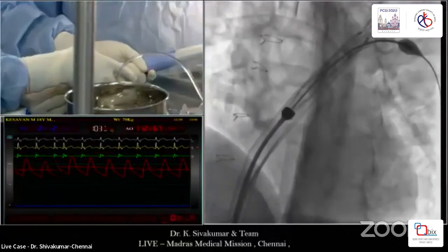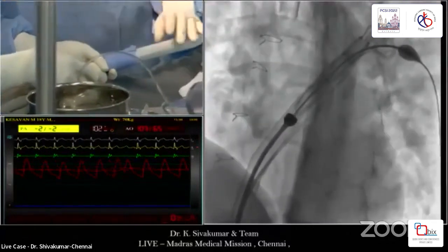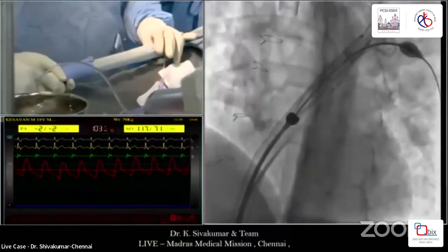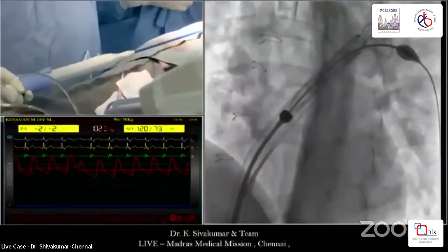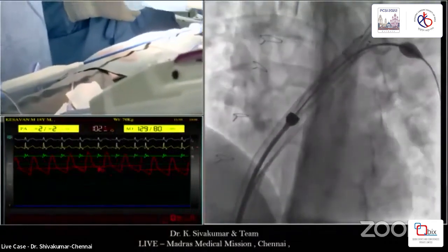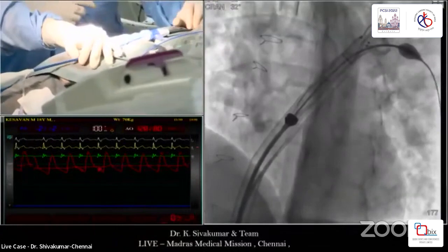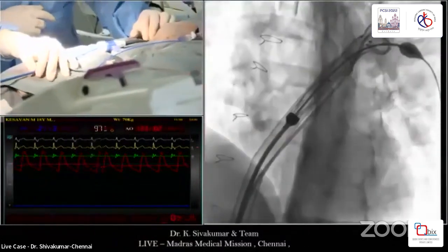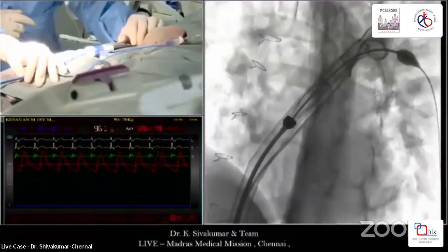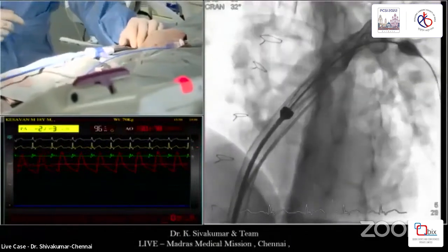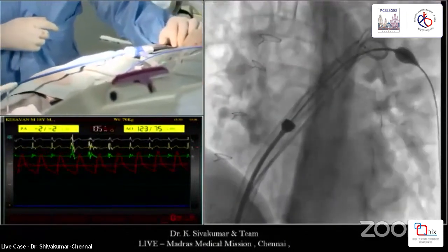So now 50% of the valve has been released. It seems a little deeper for me at this position, so I'm going to make one angiogram. Can you make one angiogram? Okay, so at this point, I'm going to slightly push the wire.